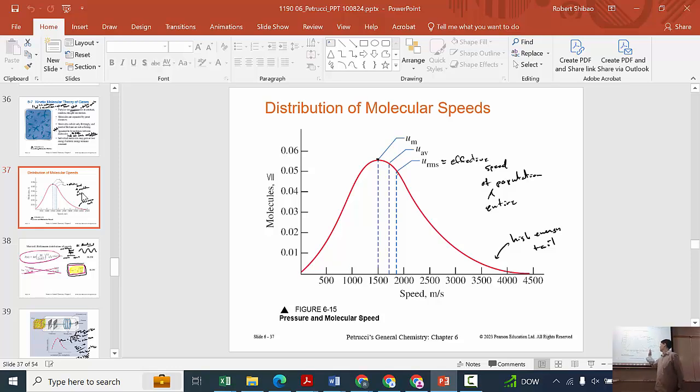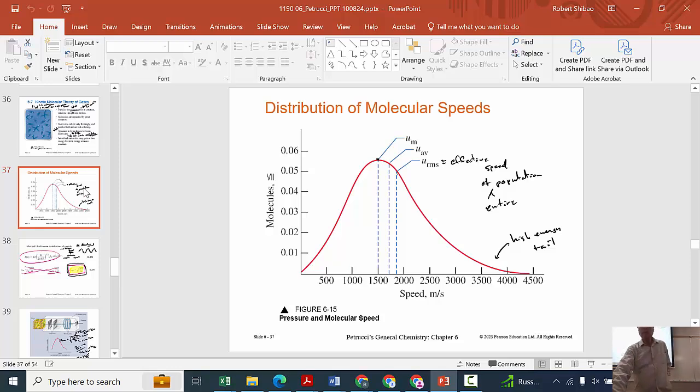It means that if you were to slow down all the fast molecules and then speed up all the slow molecules to give them all the same speed, so this would be like equity. Equity would be to cut down the top and then bring up the bottom. And so everybody's the same. And so these would be all identical. And if they were all clones of one another, then we would have the RMS. And so we call this the effective speed of the population.